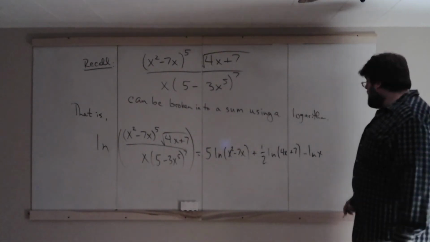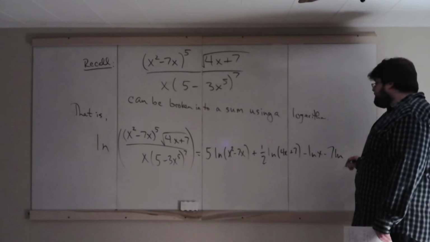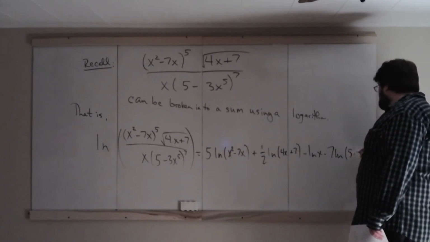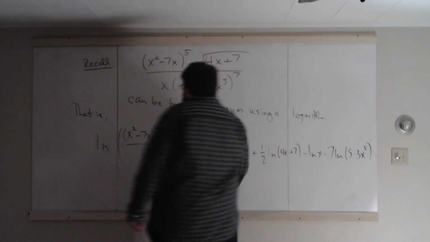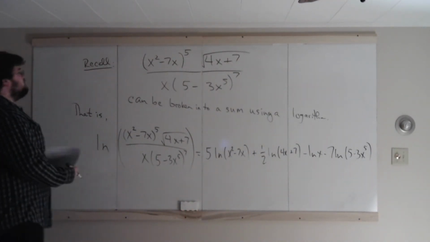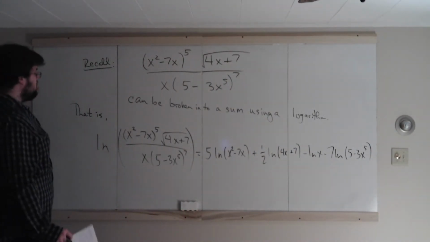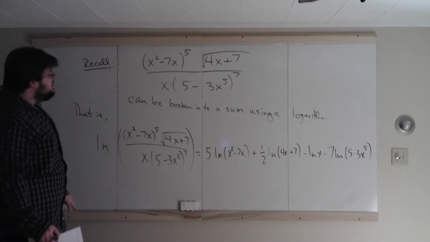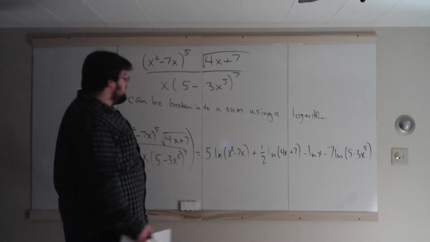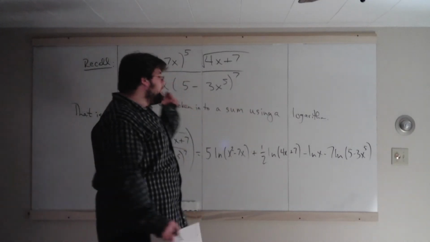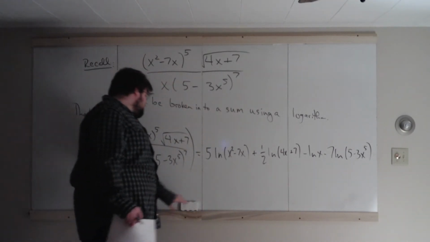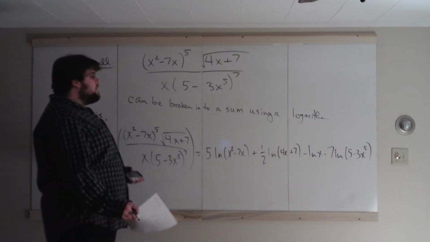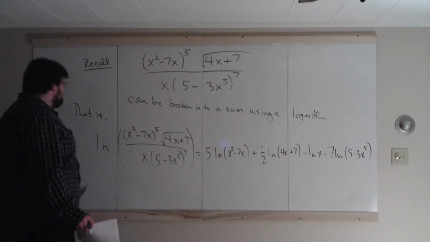So minus log x minus 7 log of 5 minus 3x to the fifth. So what we did was take this large fraction and we threw a logarithm on it, and putting that logarithm on it turned it into this sum. So that's observation number 1. A logarithm can break apart the fraction like this.